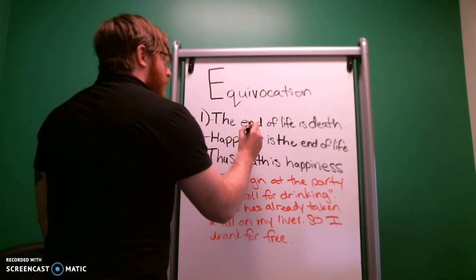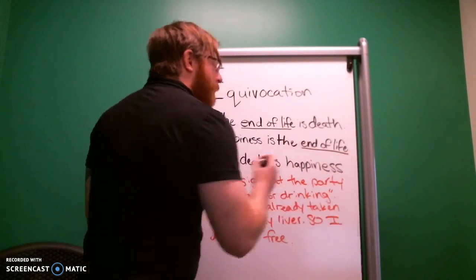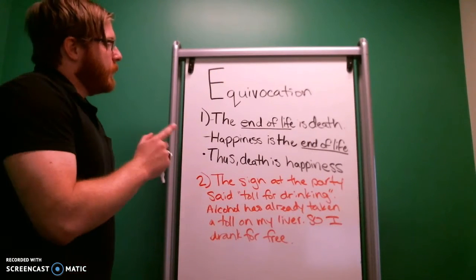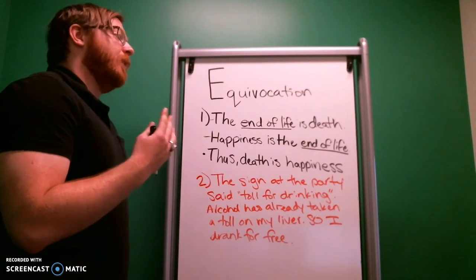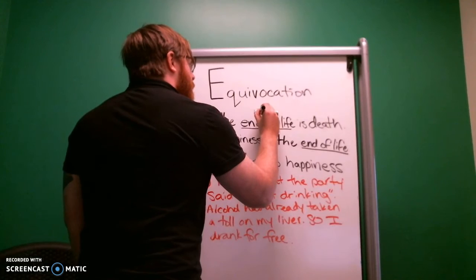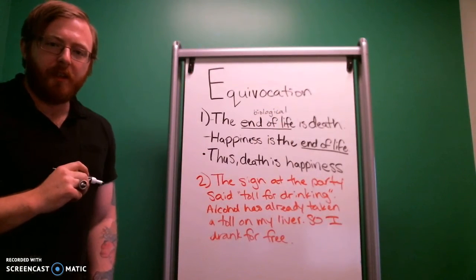And hopefully you see that they're using this phrase, end of life, in 2 very different ways. So in the first sentence, they're saying, the end of life is death. And here they literally just mean something like, it's the biological end of life.